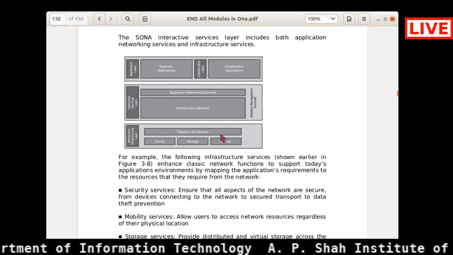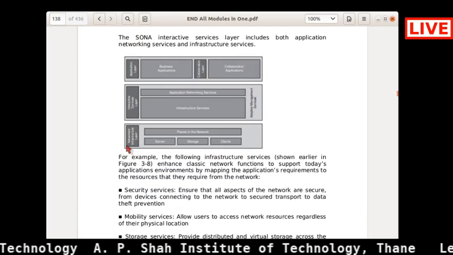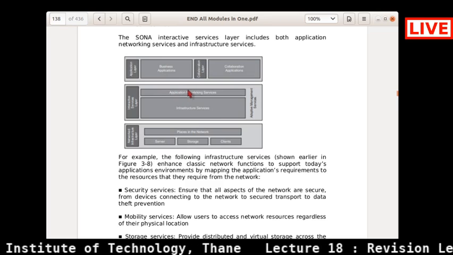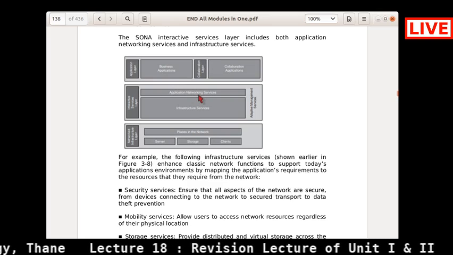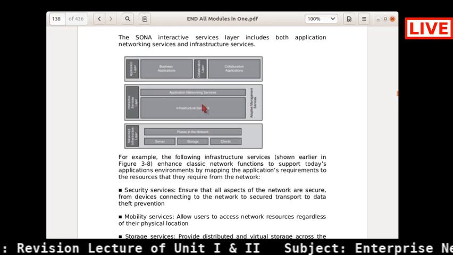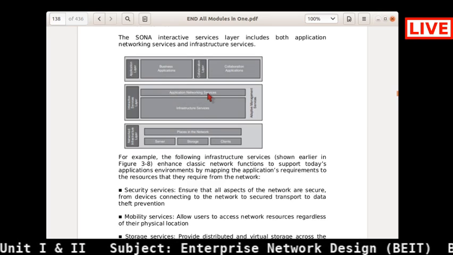So if you consider, again, in this particular SONA interactive service layer, right? So there are two layers, right? Infrastructure services is there, and again application networking services are there, right? So application networking services are embedded into your infrastructure services, right? And there are different infrastructure services as well as different application networking services, right?